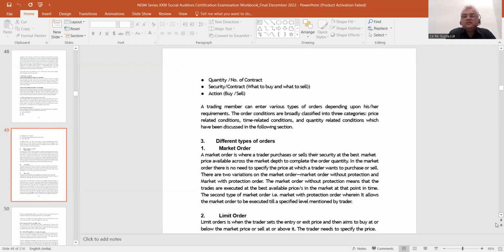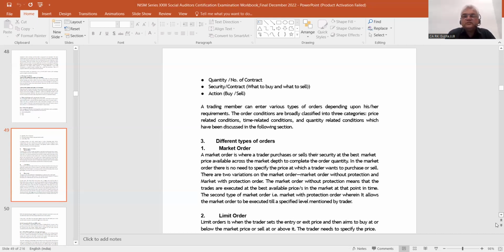So a trading member can enter various types of orders depending upon his or her requirements. The order conditions are broadly classified into three categories: price related conditions, time related conditions, and quantity related conditions, which have been discussed in the following section. So basically these are three things. Price related: at what price you want to buy or sell, or I don't want to sell below this price, or I don't want to buy beyond this price.